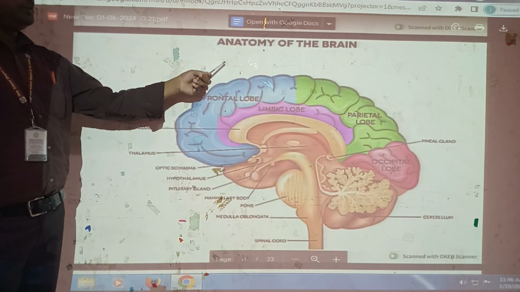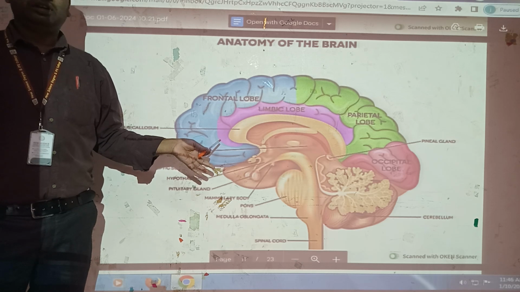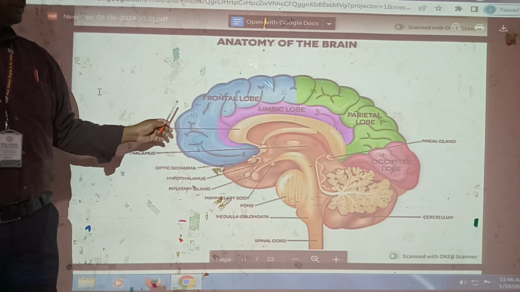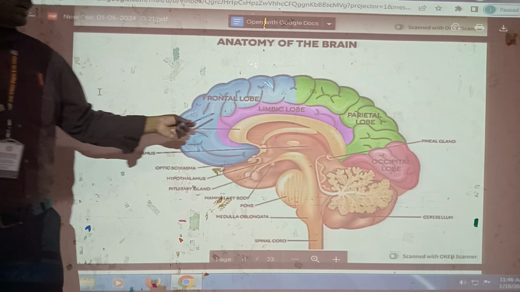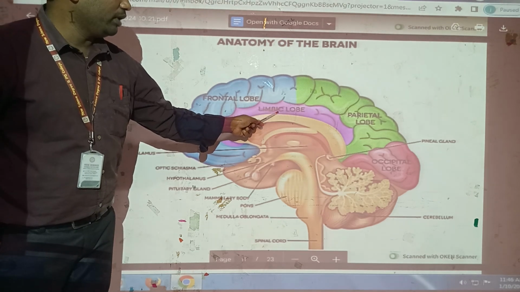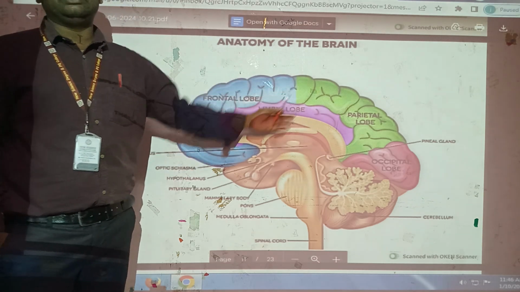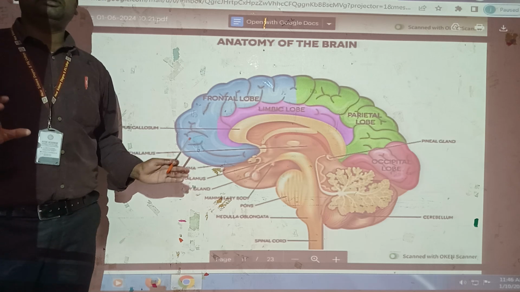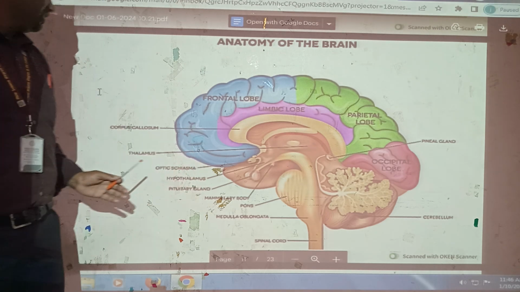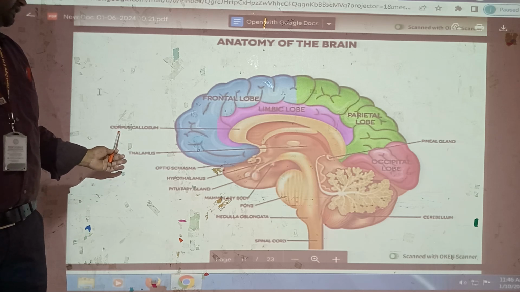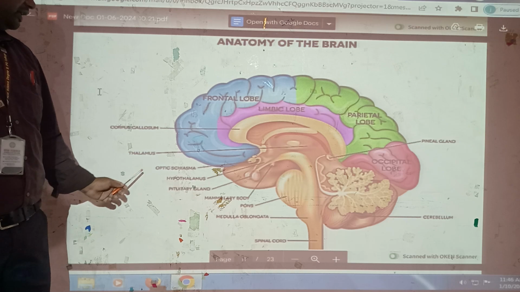Actually, this is the anatomy of the brain. This is a very important diagram, a compulsory examination point. The central nervous system has one part, the brain, with the limbic lobe, the left cerebral hemisphere, and the right cerebral hemisphere. The left side controls the right side, and the right side controls the left side. The corpus callosum is the connecting part between the cerebral hemispheres.